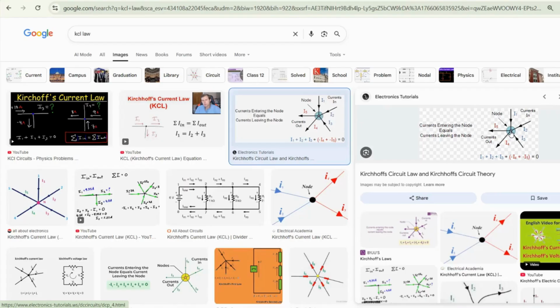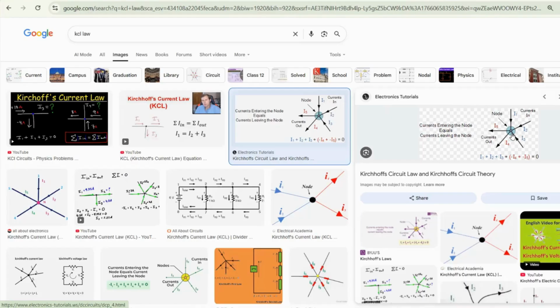Yes or no? Yes, sir. But I4 and I5 are moving out, outgoing from this node. I4 and I5 are outgoing currents.